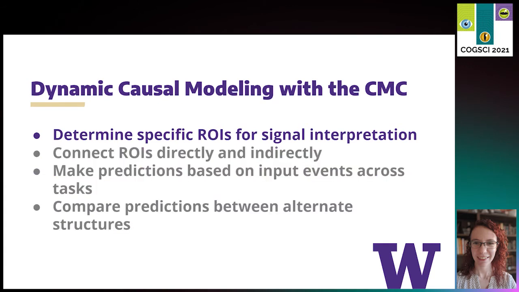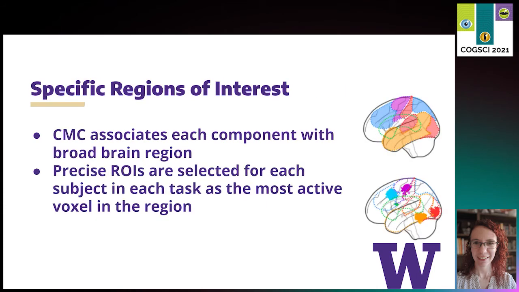So the first step is to determine the specific regions of interest that we are going to use in our analysis. The common model separates the brain into 5 large regions from which to select our specific regions. Each of these regions is broadly associated with one of the 5 components of the model.